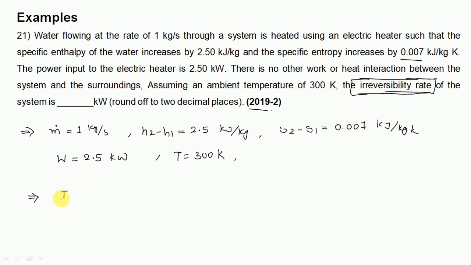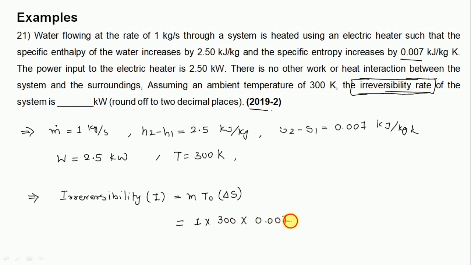Irreversibility of the system is measured with I, and its value is mass into T0 into delta S, the change in entropy. This is the measurement of irreversibility. Mass flow rate is 1 kilogram per second, temperature is 300 Kelvin, and change in entropy is 0.007.